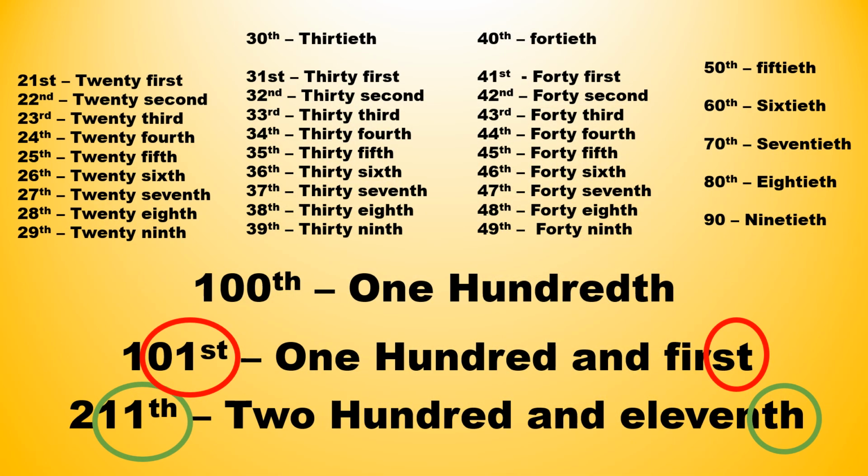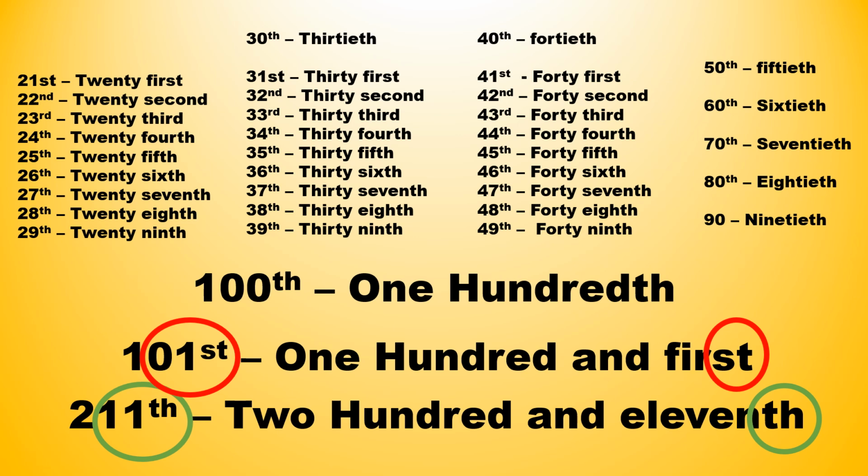Here we can see the 21st to the 29th: ST, ND, RD, TH, TH, TH, TH, TH, TH. Then we can see the 30th, 31st, ST, 32nd, ND, 33rd, RD, 34th, TH, TH, TH, TH, TH, 40th, 41st, ST, 42nd, ND, 43rd, RD.